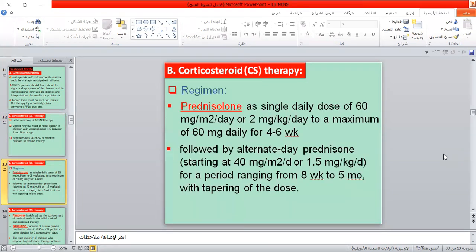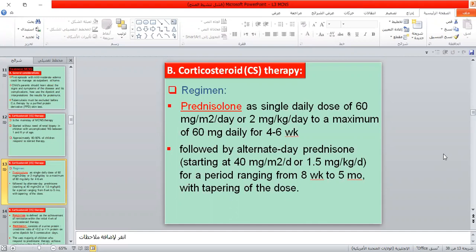How do we give it? Of course, treatment of the initial episode and of frequent relapses depends on prednisolone, but there is a slight difference in the duration of the course. Keep this in mind: treatment of the initial episode differs a little from treatment of frequent or subsequent relapses. Prednisolone is available as a syrup and as a tablet in the market. We give a single daily dose of 60 mg.